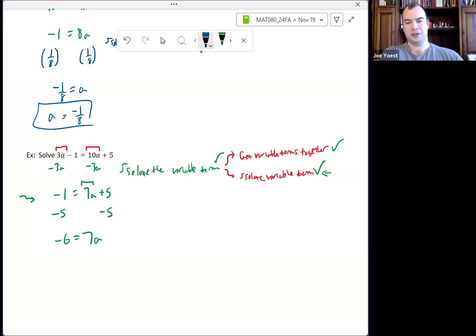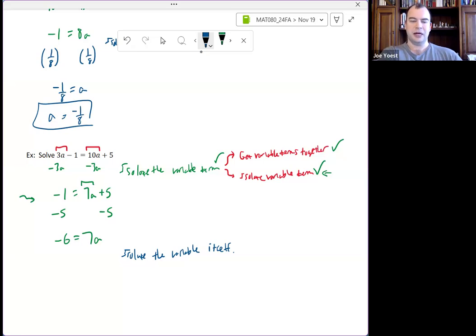Now I'll go to my next equation solving step to isolate the variable itself. I have 7 times a equals -6.